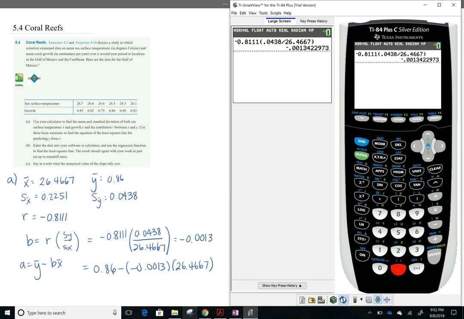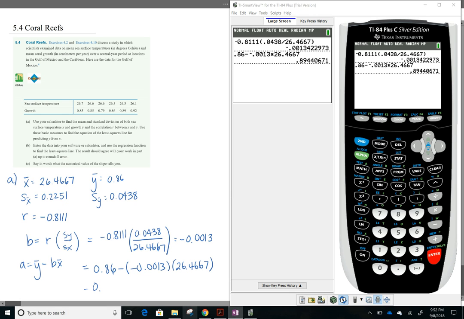So 0.86 minus a negative 0.0013 times, a little too many negatives in there, 26.4667, and we get 0.8944.